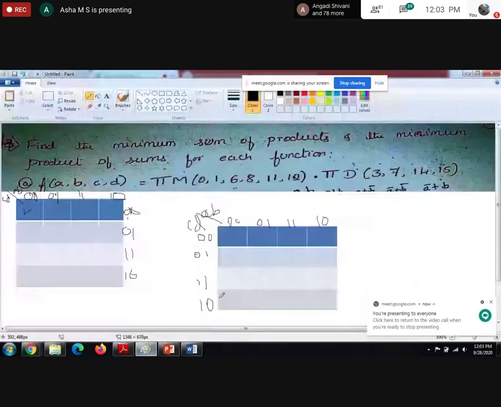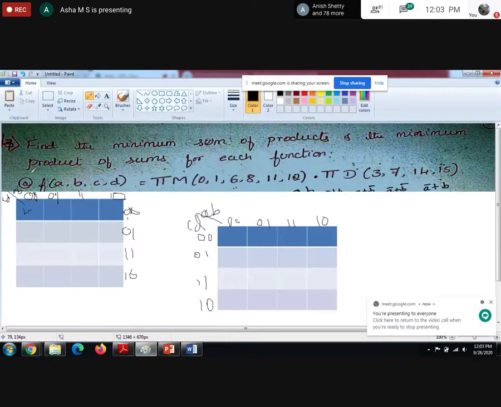Now in this problem, they asked us to find the product of sums. Same way, wherever these max terms are there, place a 0.